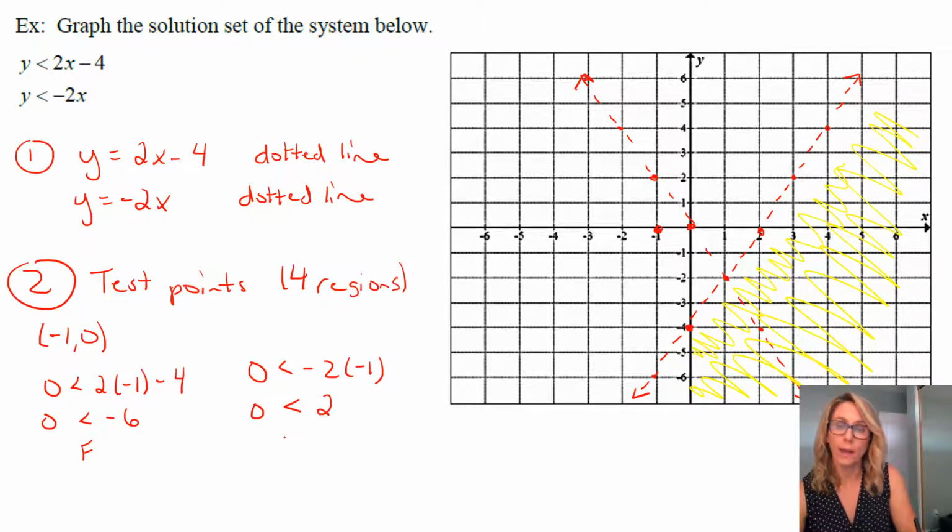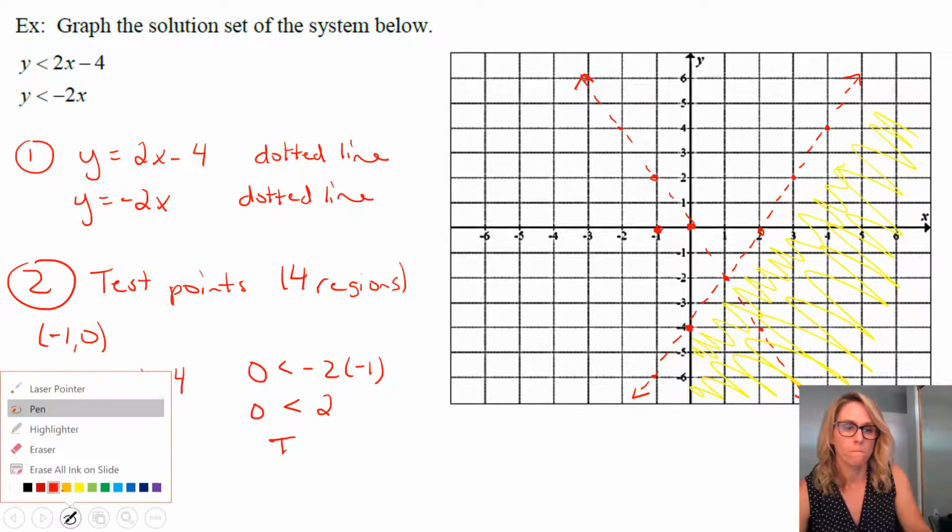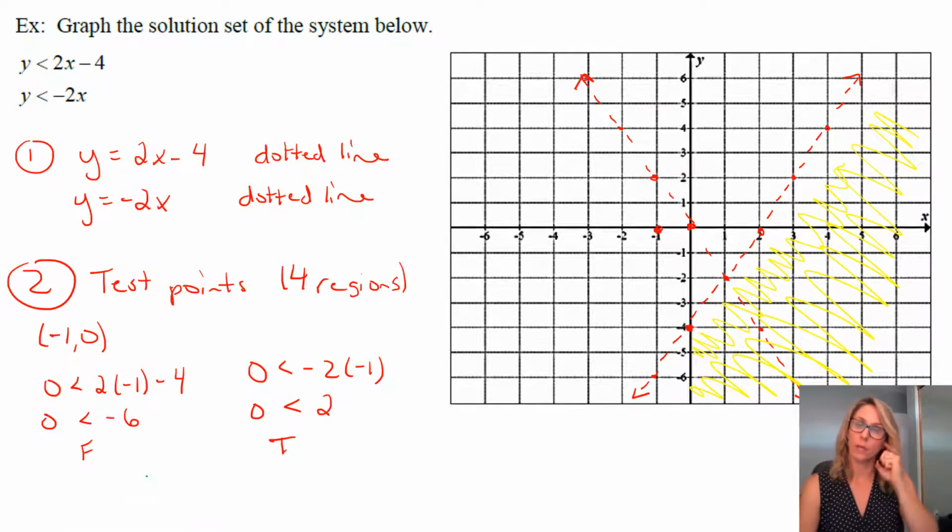Okay. Now that is true. So when you think about that, look at that negative 1, 0. It's telling me that I want to shade anything on the side of the second line. So our second line is here.